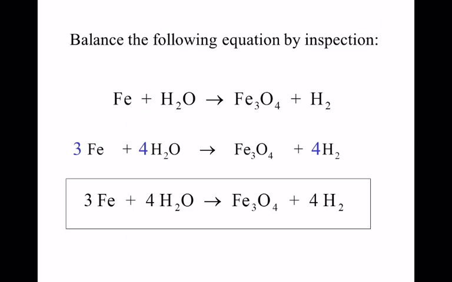Okay. So 3, 4, 1, and 4 is the recipe. It's how they react on a relative mole basis, or relative atom and molecule basis, and formula unit basis. They're pretty cool. Some people really like balancing equations.